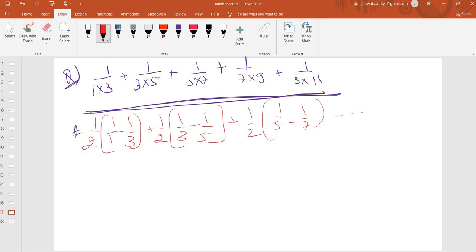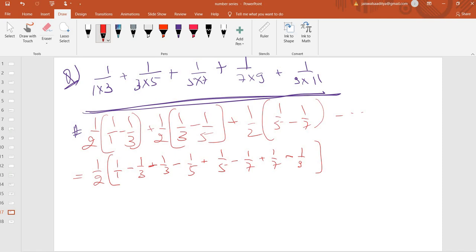And so on. So in general, what can we write? 1 by 2 times (1 by 1 minus 1 by 3 plus 1 by 3 minus 1 by 5 plus 1 by 5 minus 1 by 7 plus 1 by 7 minus 1 by 9). This is what we are going to get.